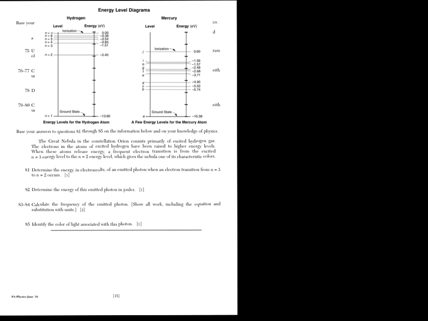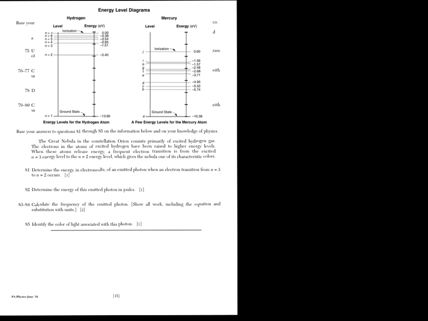Determine the energy in electron volts of an emitted photon when electron transition from n equals 3 to n equals 2 occurs. Okay, so I'm going to overlay that table over there, over the set of questions we already completed. So we're looking for n equals 3 to n equals 2 for hydrogen. So we look for this hydrogen's diagram. We look for n equals 3, negative 1.51 electron volts, and n equals 2 is negative 3.4.